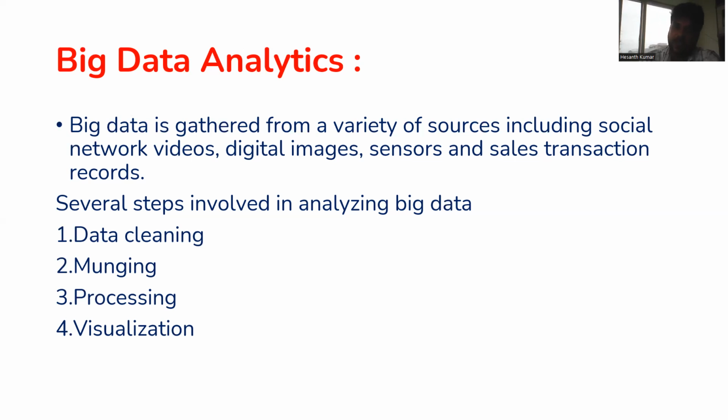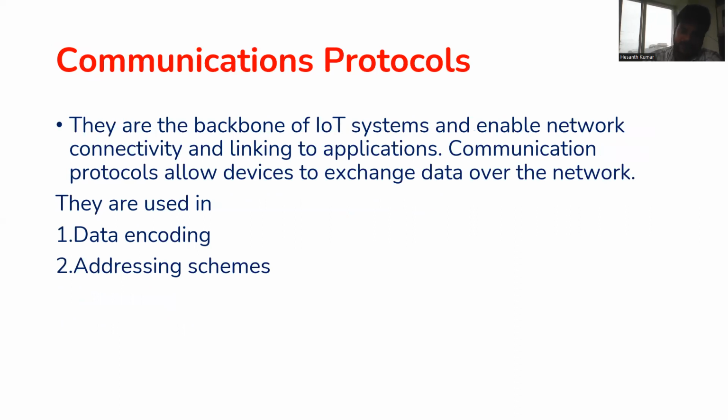The next one is communication protocols. Communication protocols are considered the backbone of all IoT systems and enable network connectivity linking to the application. You may be aware that without communication, there would be nothing in this world.